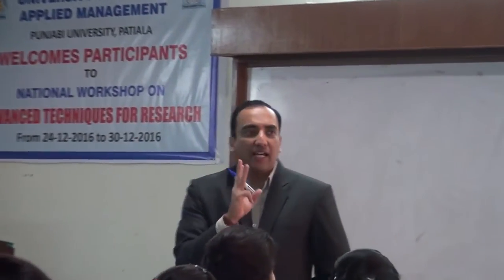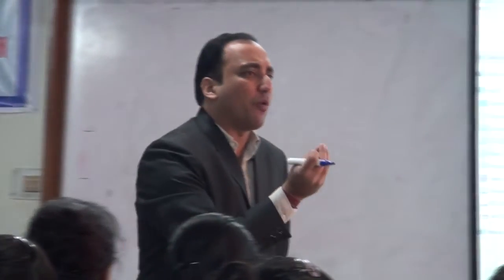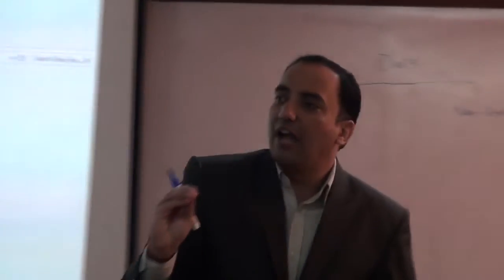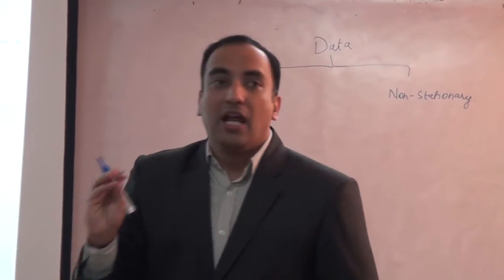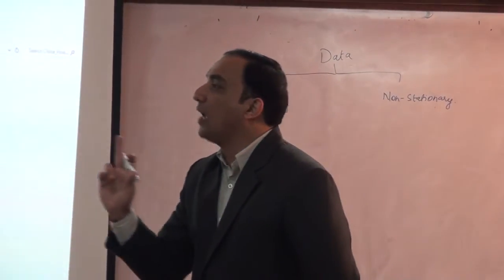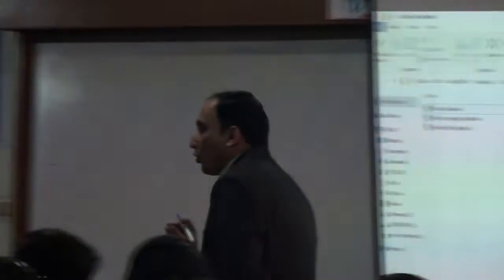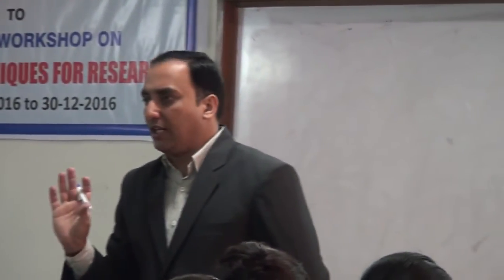Now see, there can be 3 things. One, my today is related to my past, but the coefficient is not 1. It is very much less than 1, so it can be 0.1, 0.2, something like this. If that is the case, I have a stationary process. If I am perfectly related with my past, that is, the root of the equation is 1, then we have a non-stationary series.